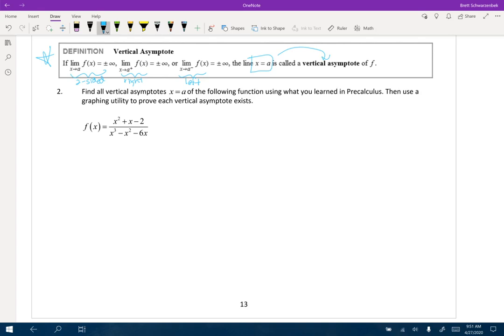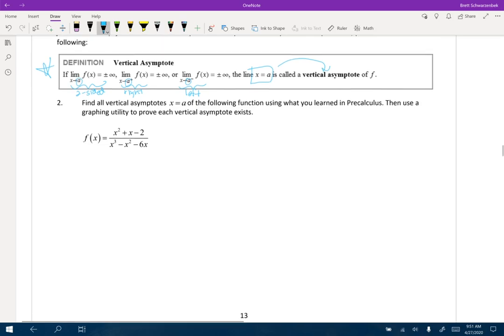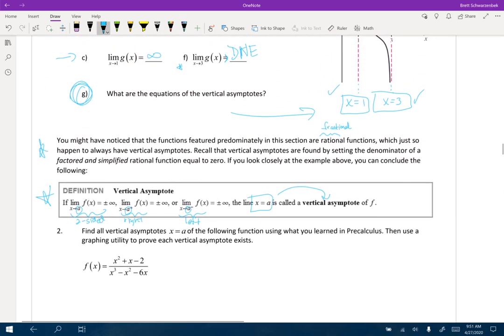Okay, so just note this a is right here. Look at that. So how do we apply that in this example up here?